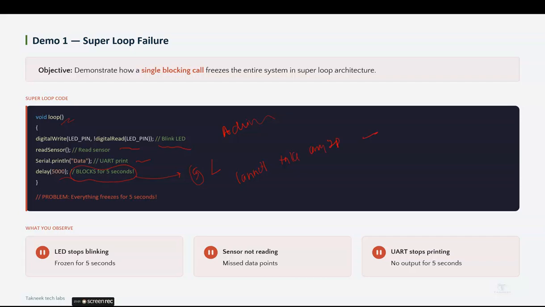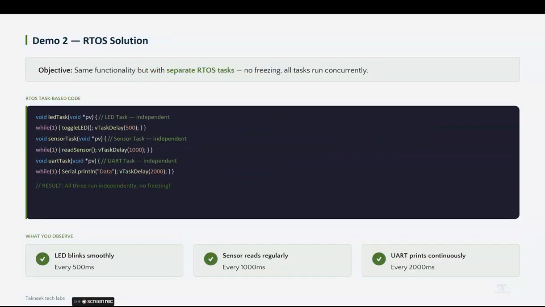By input, I mean if an interrupt occurs, it cannot respond to that interrupt in these 5 seconds, and it cannot read the sensors in that time either. So this is one failure condition. We'll see all this in detail once we go through the practical sessions.